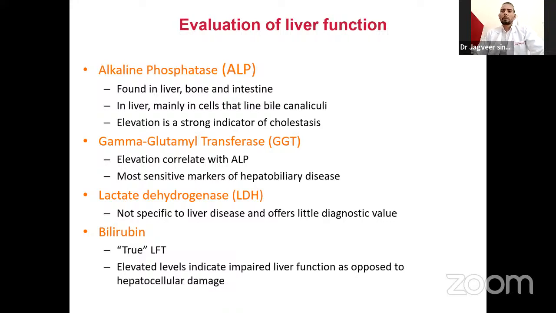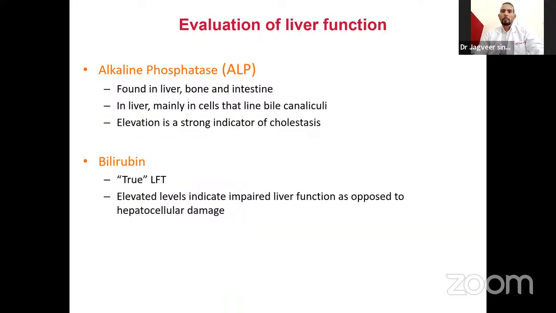LDH is not so specific for the liver because it is produced by other organs also. Bilirubin is the true LFT because all the other markers which I've discussed are indicators of liver damage, but bilirubin shows the function of the liver. That's called the liver function test. This is the true LFT, and elevated bilirubin indicates impaired liver function as opposed to damage. Next slide, please.